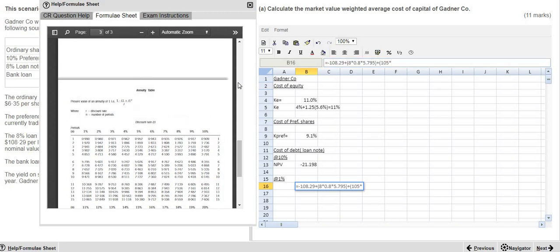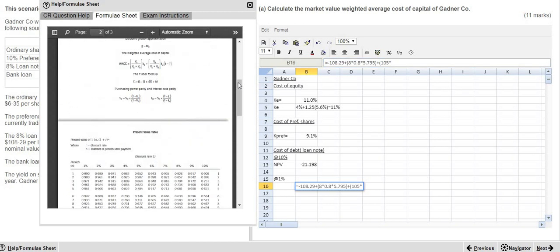I'm going back to my table. 1% in year 6 is 0.942. So that's it. Voila. So that's the NPV at 1%. So I have the NPV at 1% and 10%.